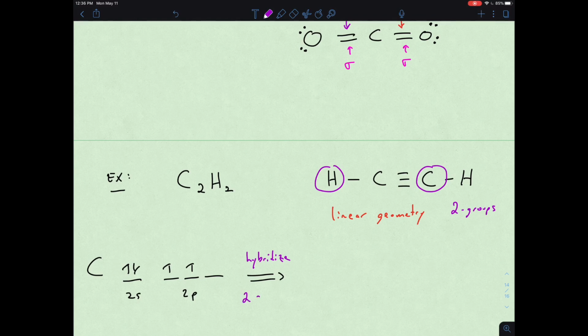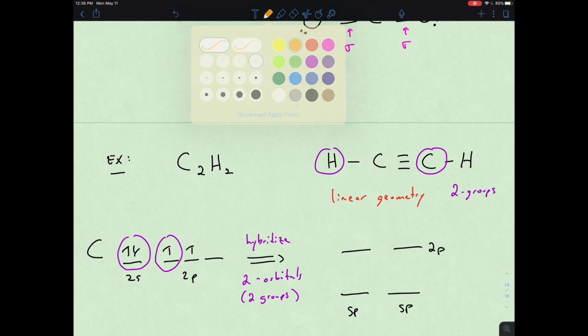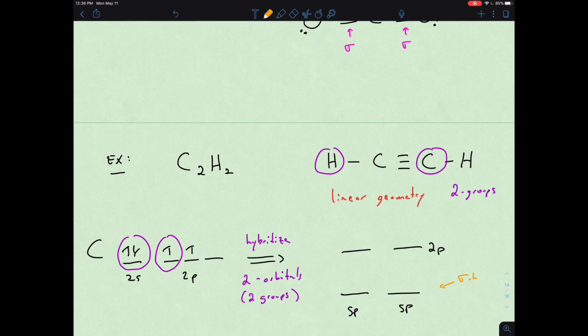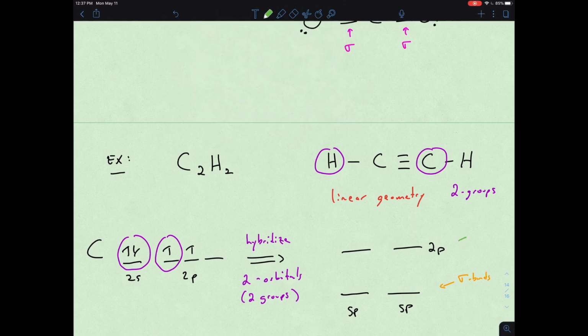So we need to hybridize 2 orbitals because of our 2 groups. And so that gives us now our 4 orbitals. We have our 2p set that we haven't touched. We have our sp hybridized orbitals. Right there is where our sigma bonds come from, the hybridized nature, and pi bonds coming from the non-hybridized nature of those orbitals.